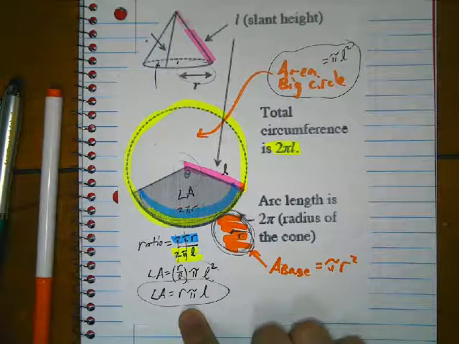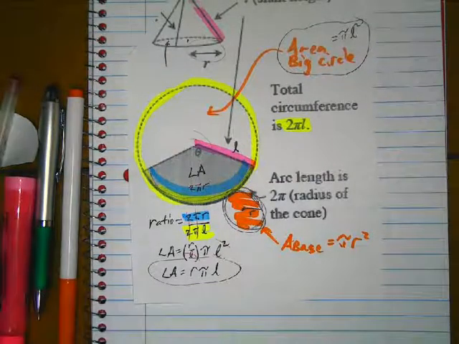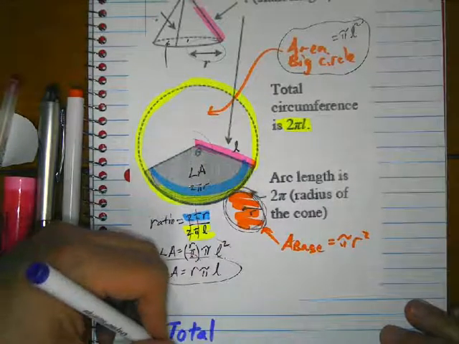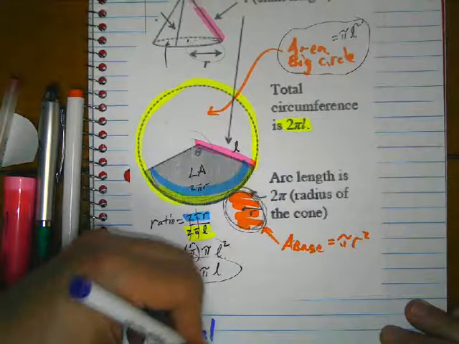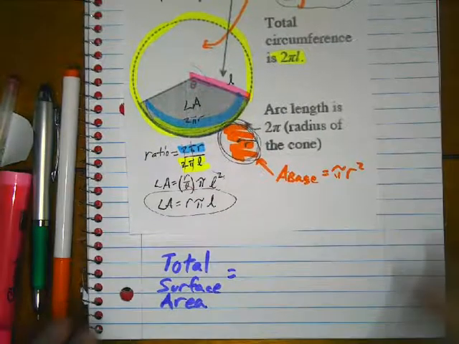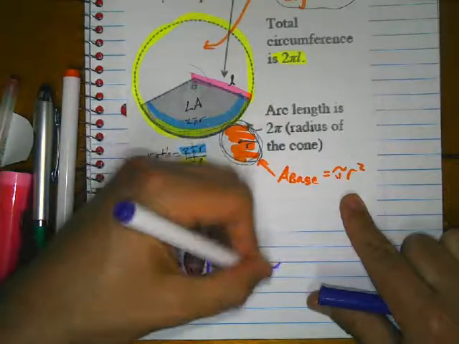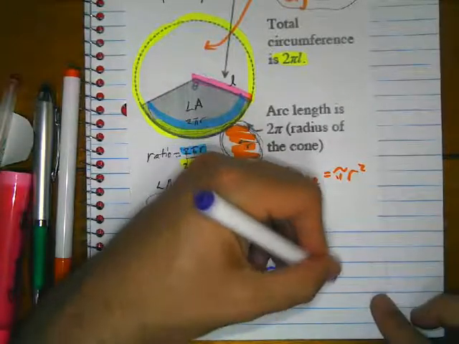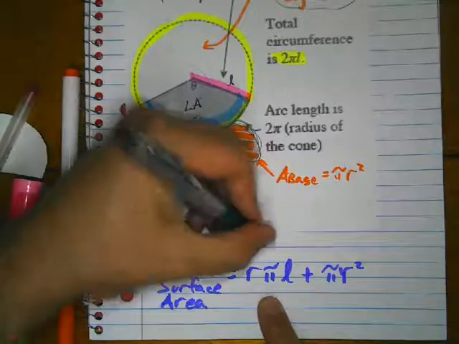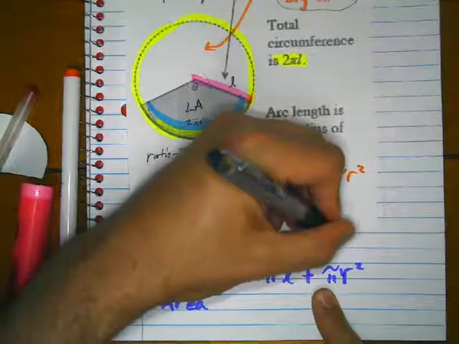So the total surface area equals the lateral area plus the area of the base, which is r pi l plus pi r squared. So this is the lateral area plus the circle base.